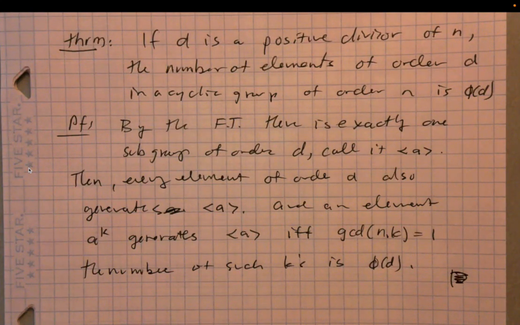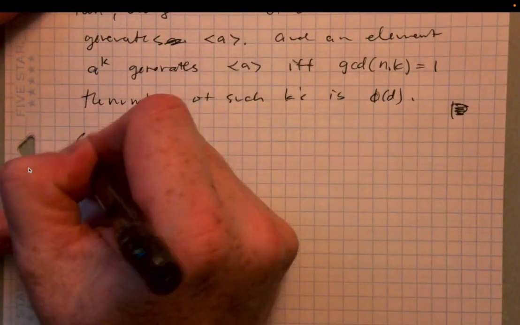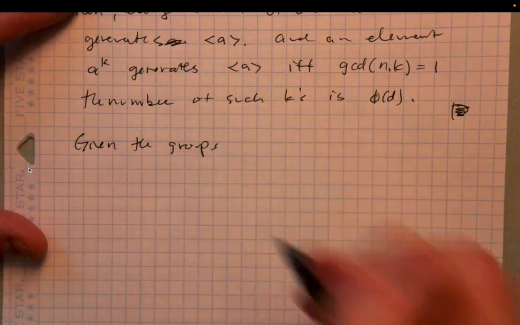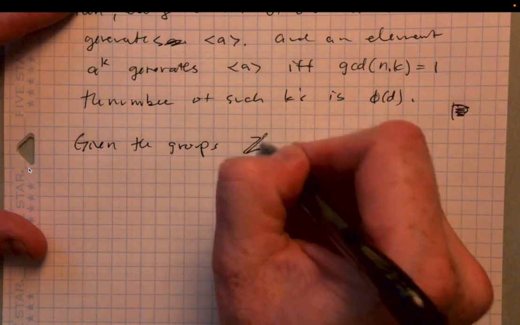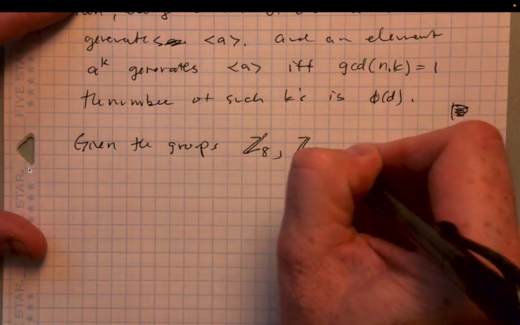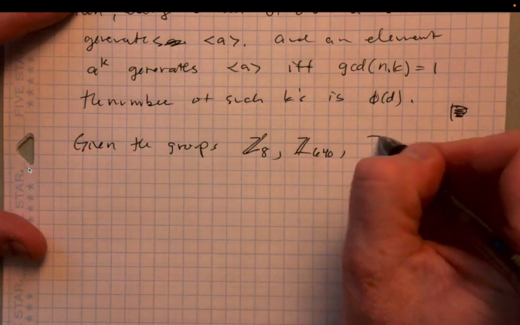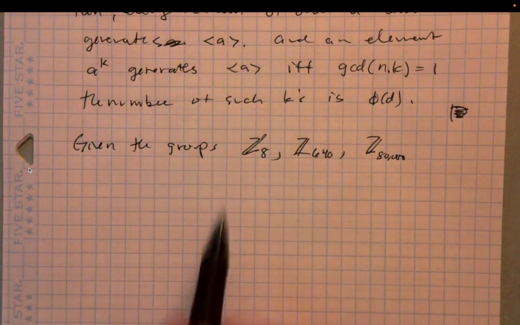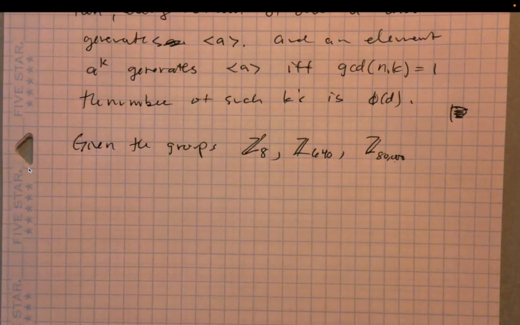Now, this is actually a pretty surprising result if you think about it. It basically says that given a group of order n, the number of elements of order D depends only on D. Let's say, given the groups Z8, Z640, and Z80,000, three very different groups, mod 8, mod 640, mod 80,000.